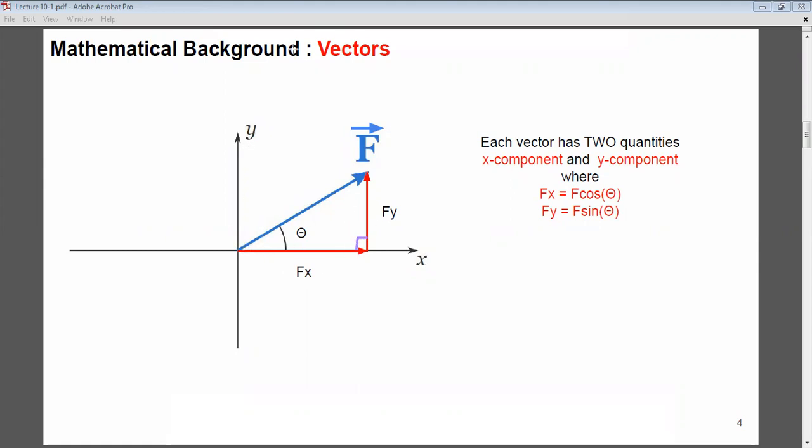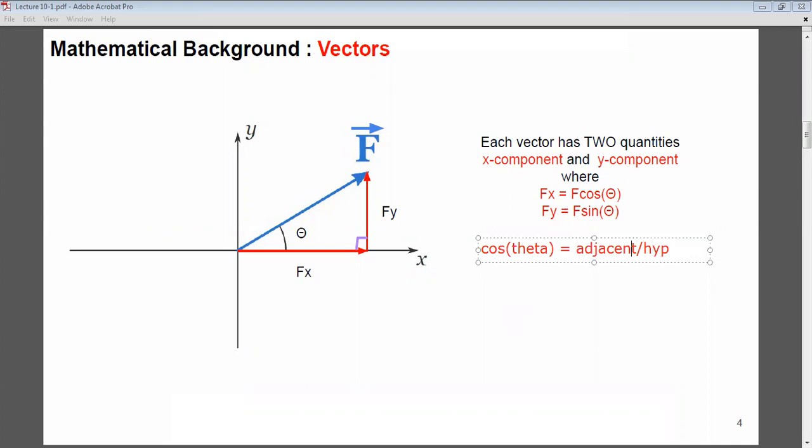Now, what did I learn about trigonometry? I learned that if I have a hypotenuse, 2 sides and an angle, the cosine of this angle theta is equal to the adjacent side divided by the hypotenuse.